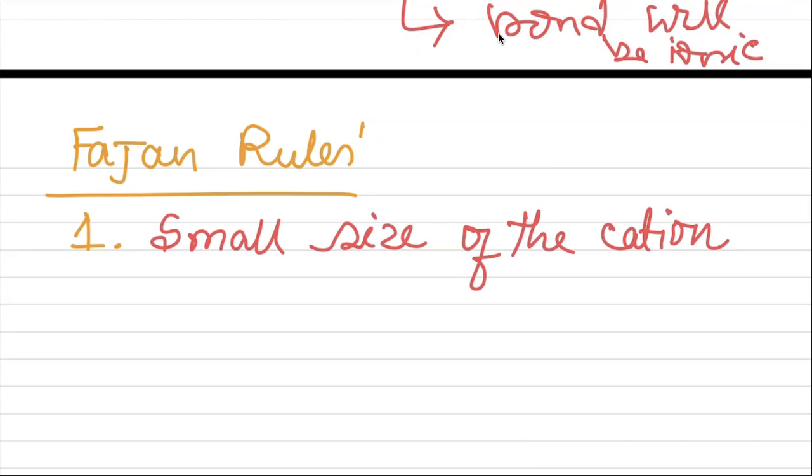The attraction power of the positively charged nucleus will be high, and it can easily distort or polarize the electron cloud of the nearby anion to a greater extent. Therefore the compound containing a small cation will have more covalent character.